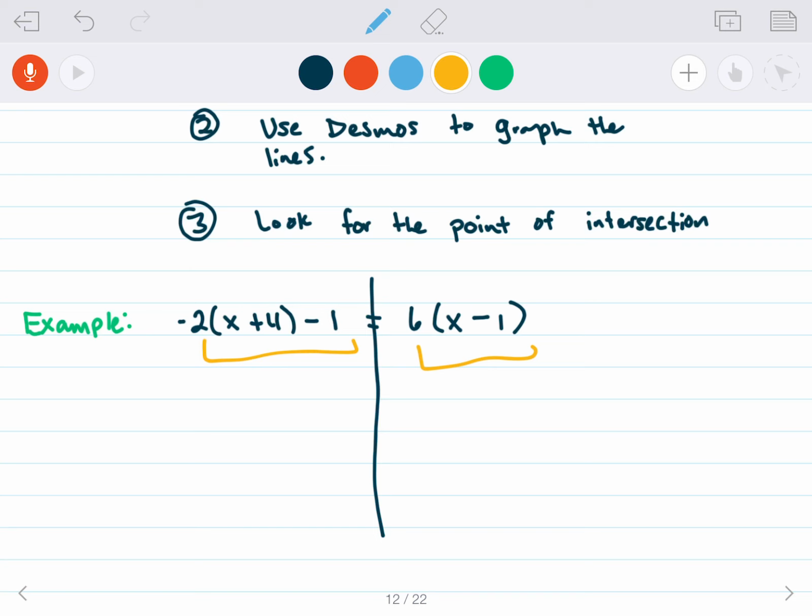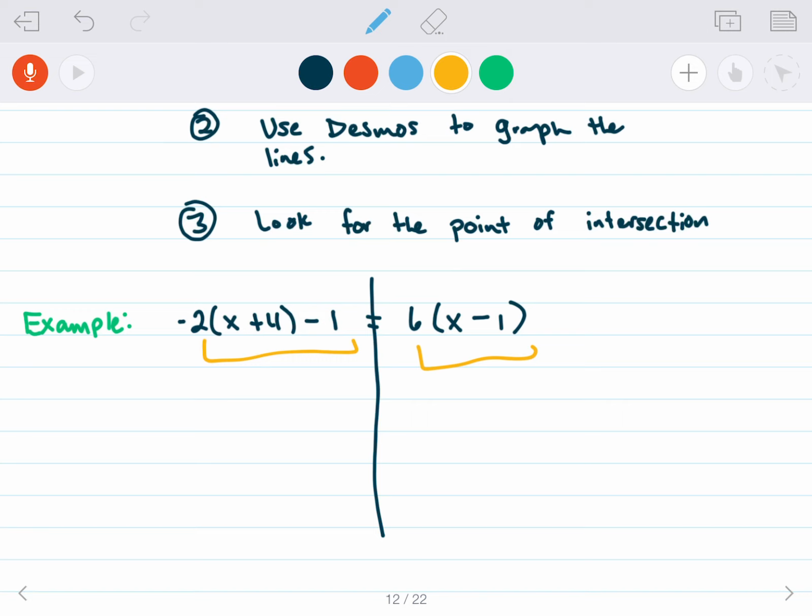I know that they're lines because the variable x doesn't have an exponent, okay? So like, if there was an x squared on there, or like an x to the third, I know that's not going to make a line shape. However, since there's only x's, it doesn't matter how many x's I have.